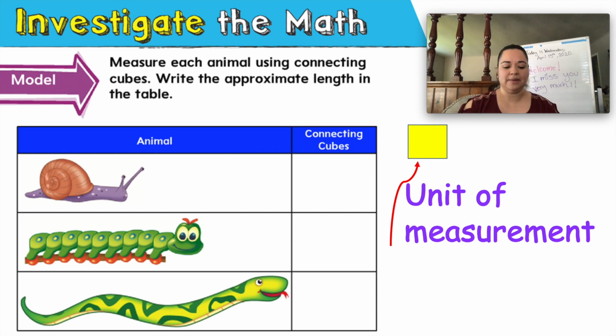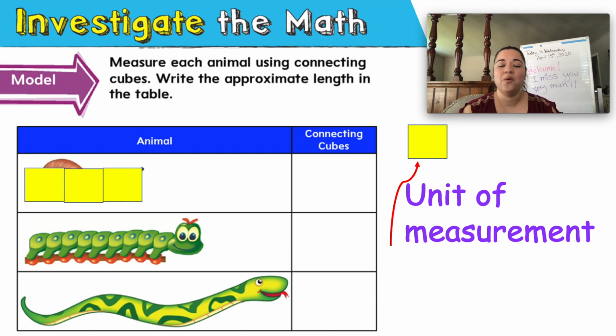Okay, let's go ahead and check. 1, 2. Should I stop there or should I put one more? I should add one more. So, what is the length of the snail? The length of the snail is 3 cubes. The length of the snail is 3 cubes. Now let's look at the centipede.